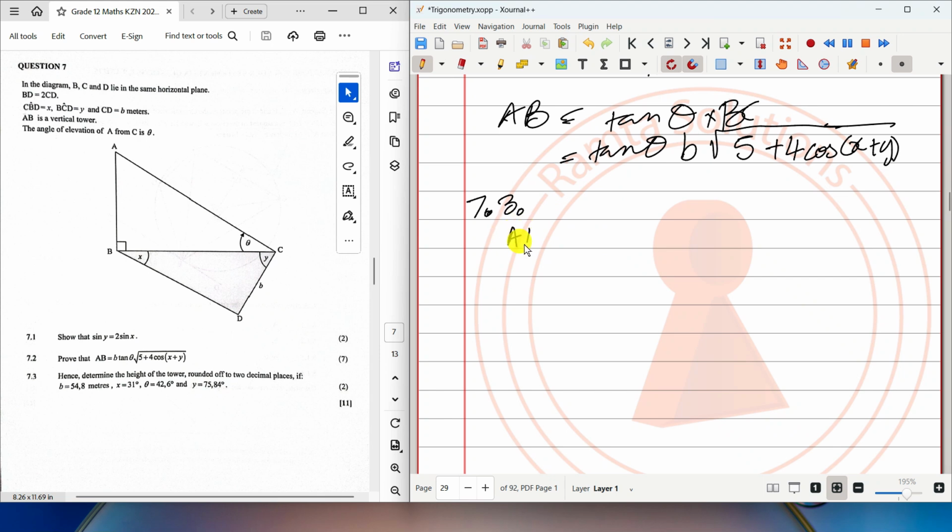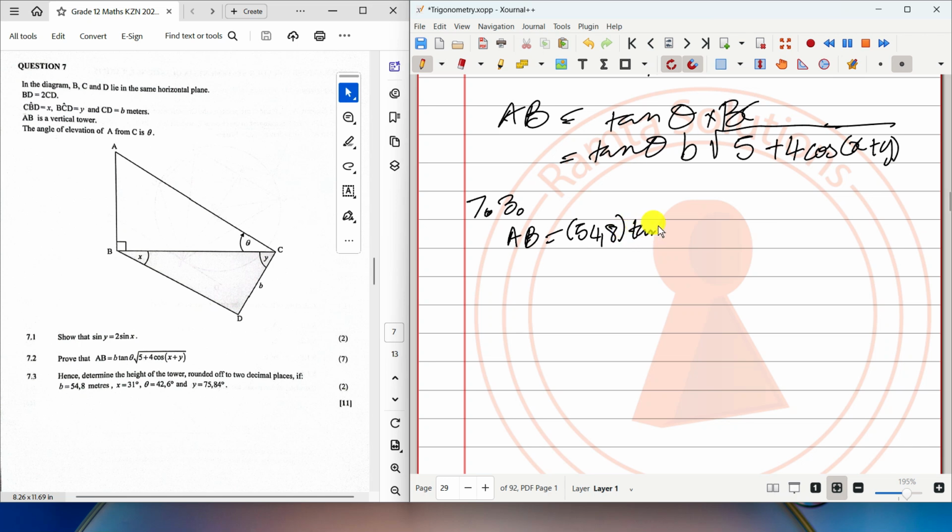Therefore, AB is tan theta, what is theta? 42.6 degrees. What is B? B is 54.8.